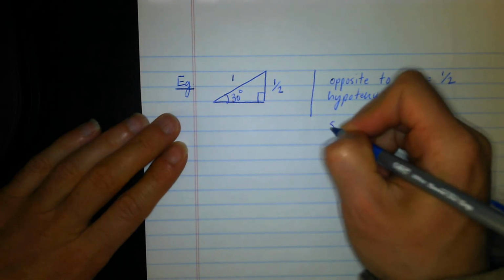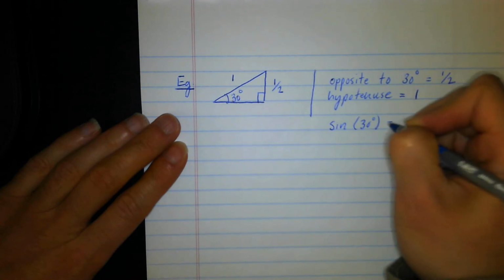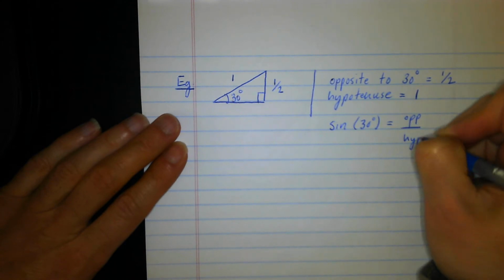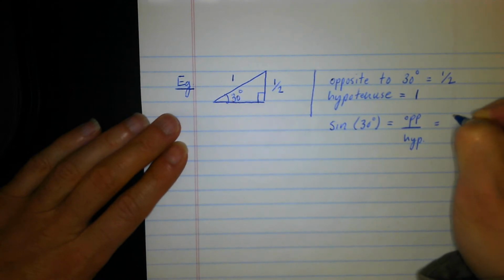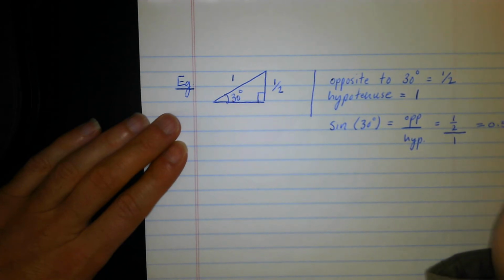So I have that sine of 30 degrees is equal to the opposite divided by the hypotenuse, which in this case is 1/2 divided by 1, which equals 0.5.